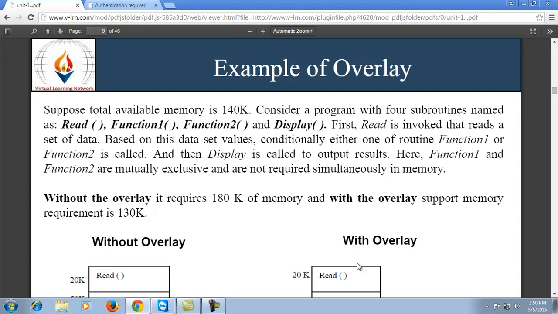These functions help us manage the memory and store and access information related to memory: how much space we have, how much we can allocate and how much is required. Without the overlay, it requires 180K of memory, and with overlay support, the memory requirement is 130K.